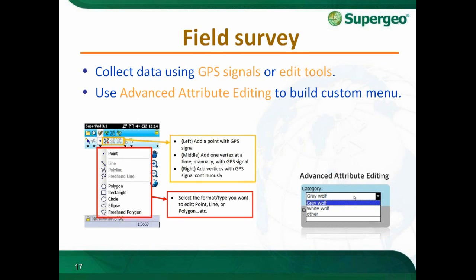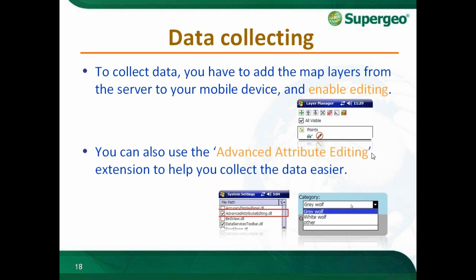After you have applied the base map, you're going to collect data in the field. You can use the GPS signals or the edit tools to help you edit the data. You can also use Advanced Attribute Editing to help you build a custom menu, which is shown here. You can select the field value using the drop-down menu here, and use this to build the customized menu. Before editing the data, you have to enable editing by clicking the pen icon here.